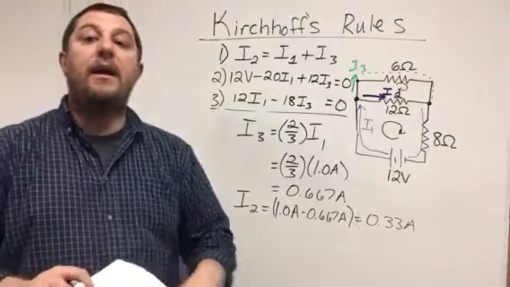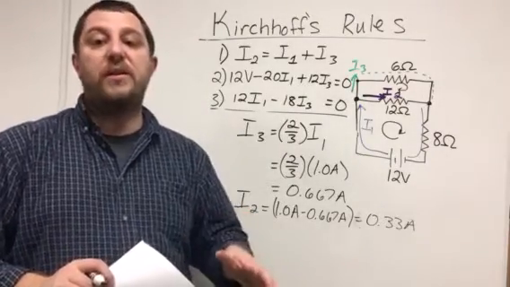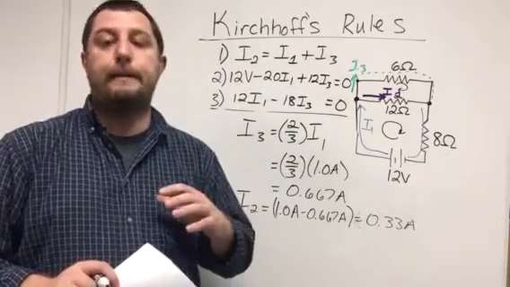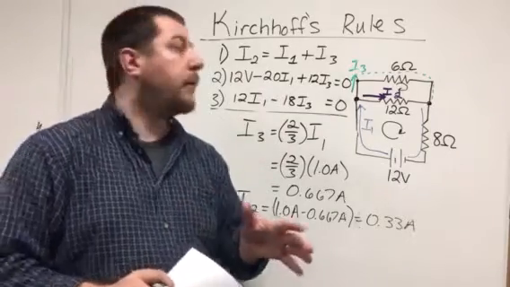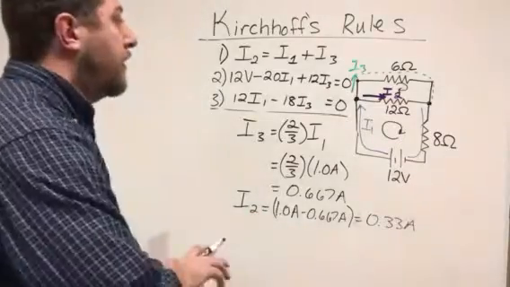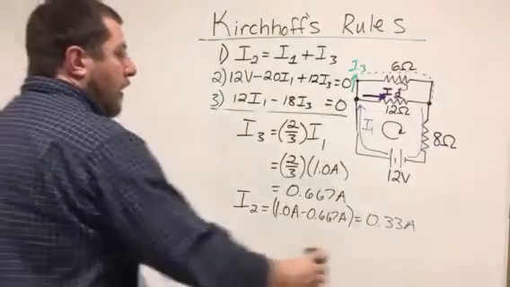Okay, and as I said before, we could have deduced this just using the rules of parallel and series circuits, right? And let me outline how that would be done, just ever so briefly.